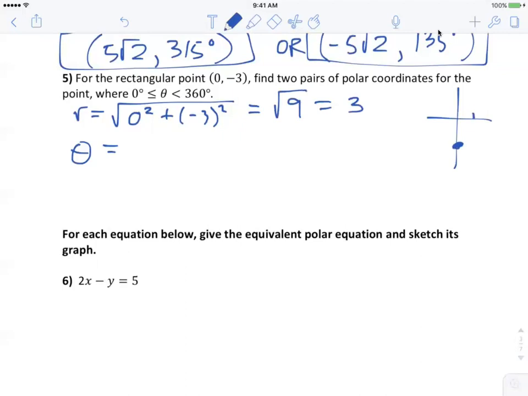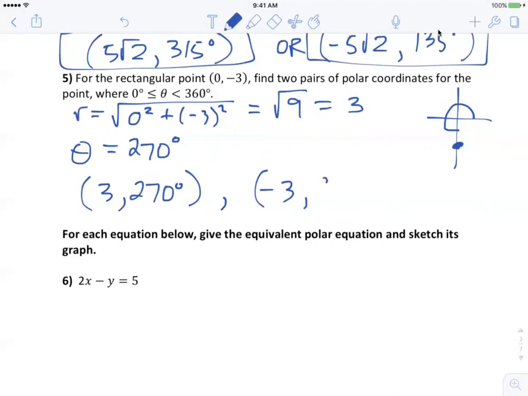That angle, 270 degrees. Okay, so this point is 3, 270. If I want another point, I could do -3 and then subtract off a 180. That's 90. Okay.